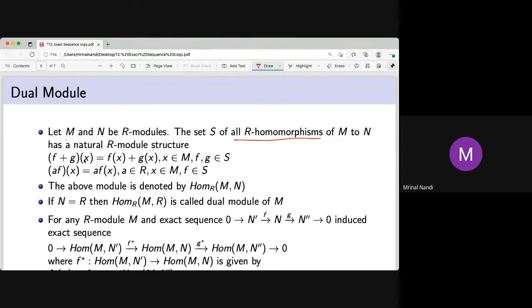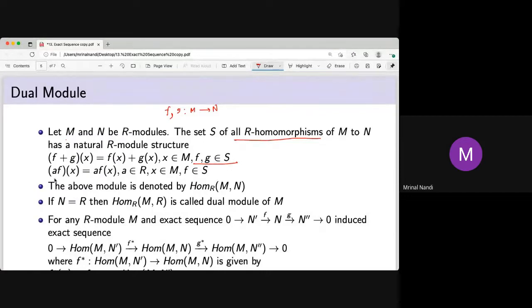Why? We have to define some addition and scalar multiplication on that set. So take two elements F and G from S. We have to define F plus G. What is F plus G? F plus G of X is just Fx plus Gx, where X belongs to M, because F and G both are functions from M to N.